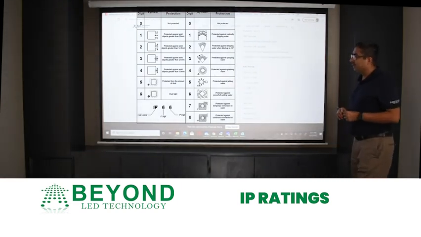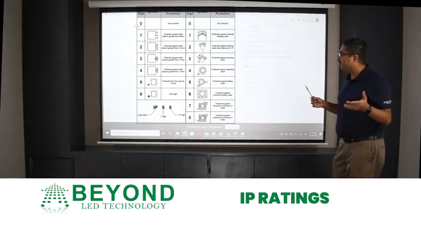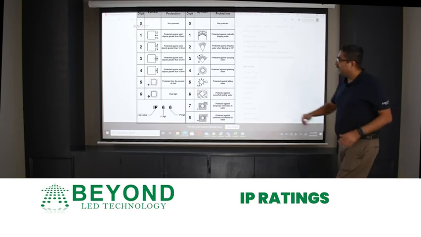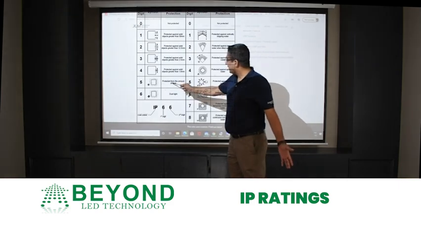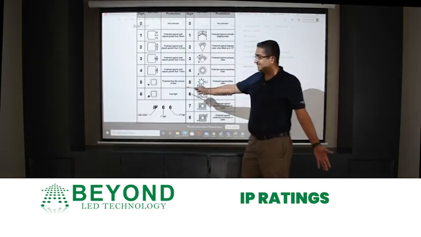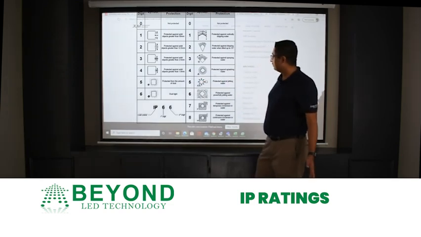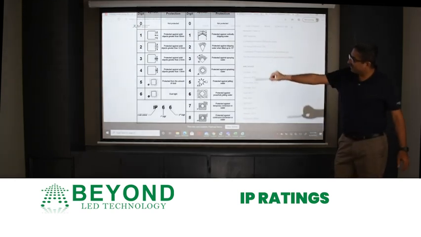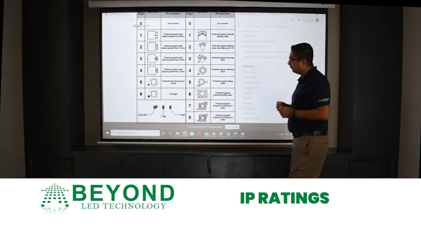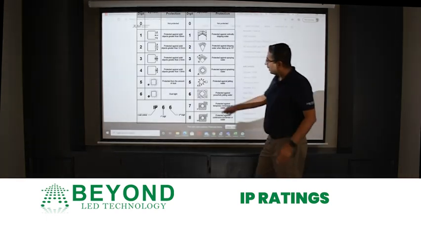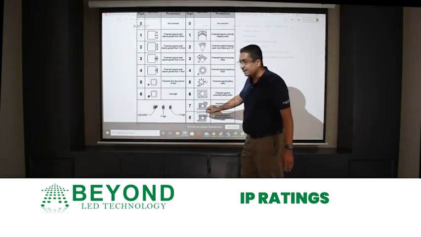So for IP ratings, there are LED tubes rated IP44, IP54. If you look at this chart, IP54: 5 is protected from amounts of dust and 4 is protected against splashing water. So if you understand this chart, the most common IP ratings that we use are IP65, IP66, IP67, IP68.